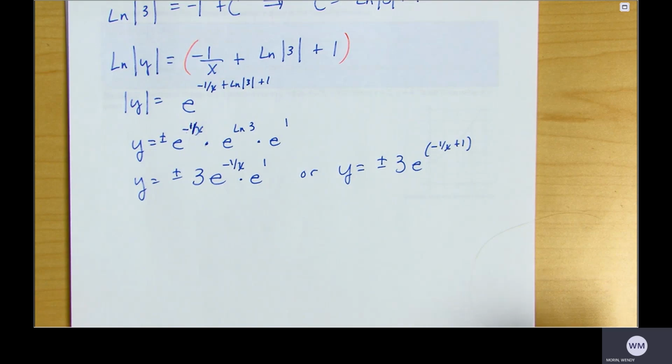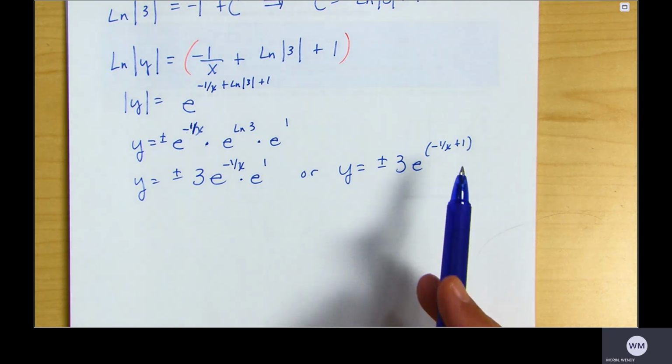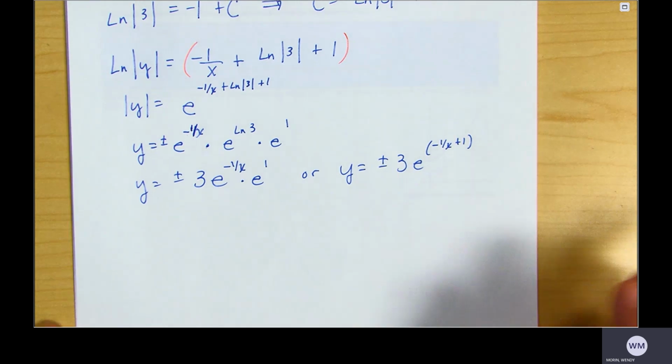That's acceptable. But again, you have to determine, is it plus or is it minus? Any of these forms are acceptable, but you have to determine plus or minus. So let's go ahead and use our test point, which was what, 1, 3 again.